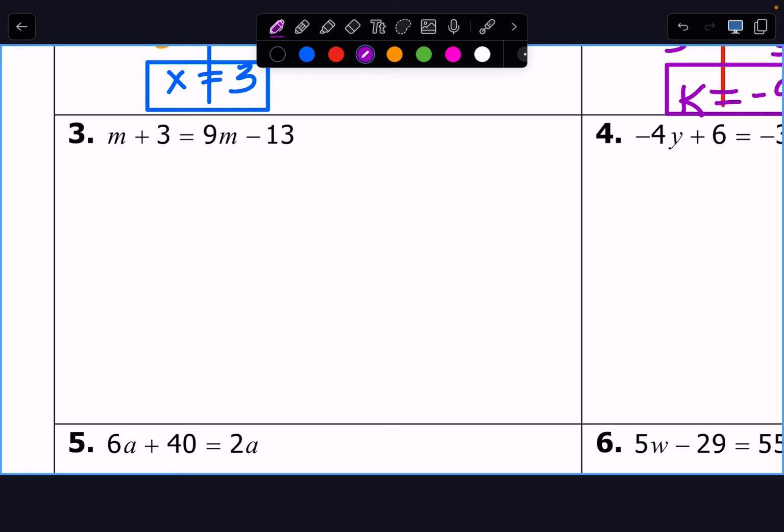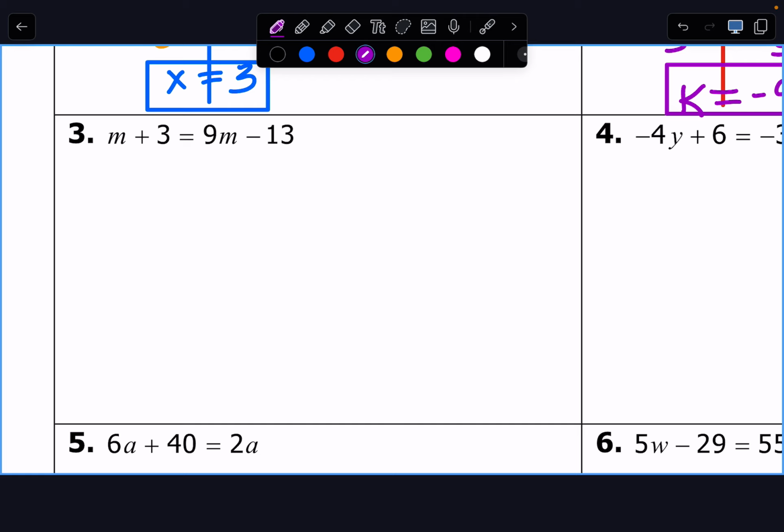What was your first step? You took this m and moved it over here? Okay, so we would have to subtract m from both sides if that's what you wanted to do.